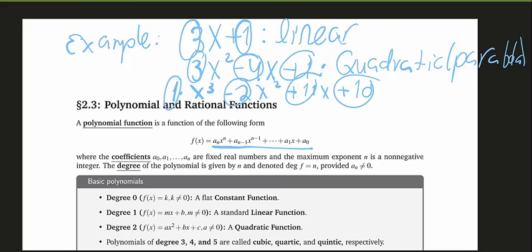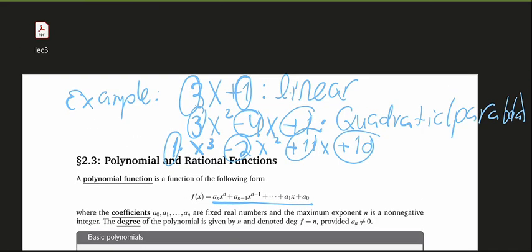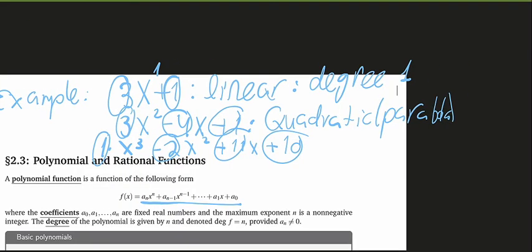Okay, and the x's are raised to the powers of integers, where the highest power that appears in the polynomial is called the degree. So in the first one, x is the highest power, so that's x to the 1. That's degree 1, because the highest power of x is in fact 1. Now what about the second one? That's degree 2, because it's x squared.